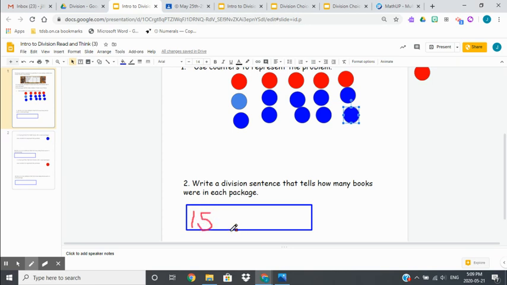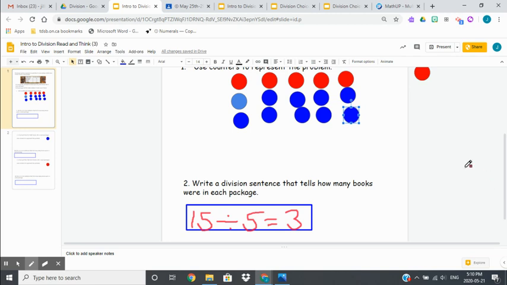So we had 15 books, and then we had to divide them into 5 equal groups. And now we have to say how many books were in each group. 1, 2, 3. And there I go. I've done my very first question. I've done your first question for you. Okay? I hope this helps.